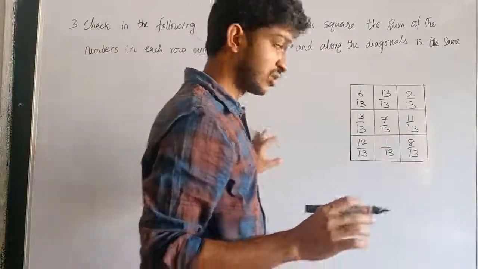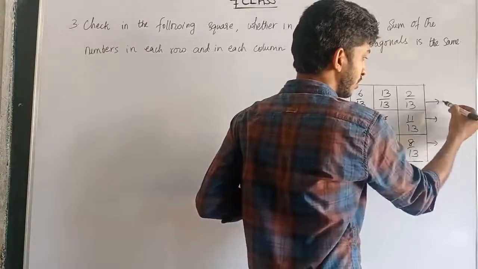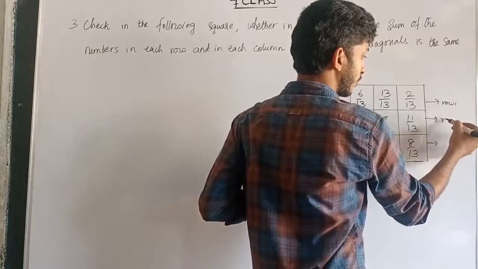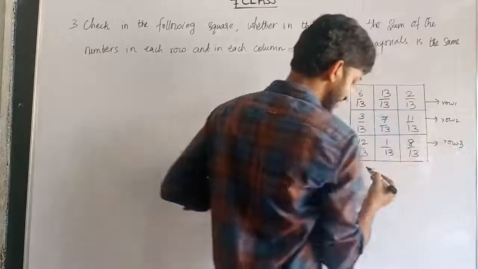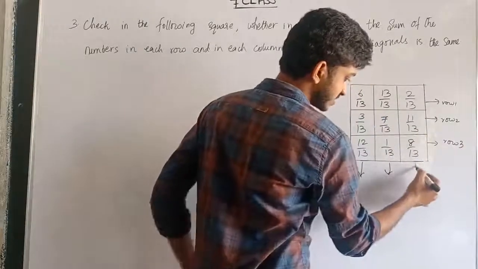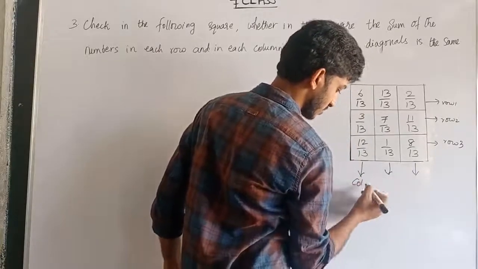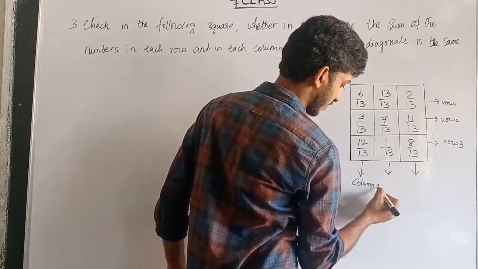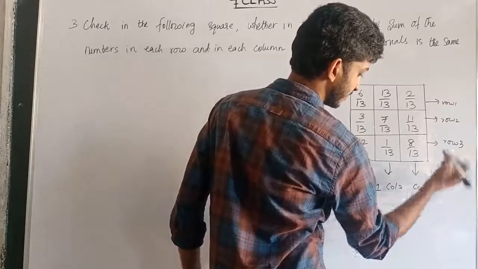In this square we have 3 rows, called row 1, row 2, row 3, and these 3 are called columns, column 1, column 2, column 3.